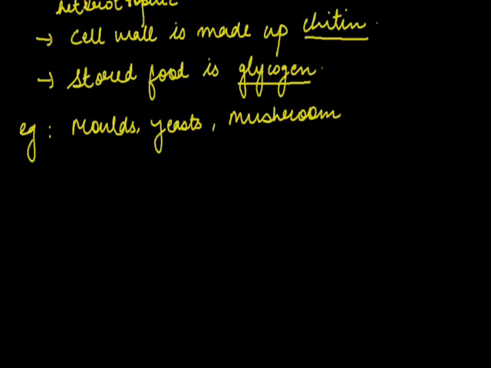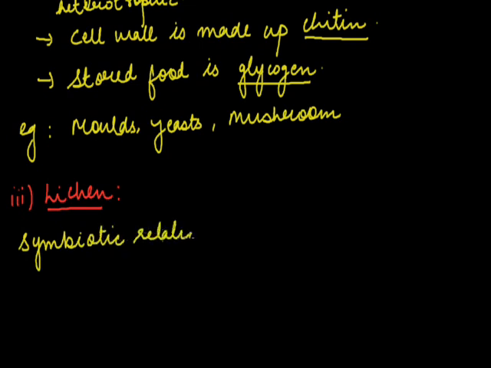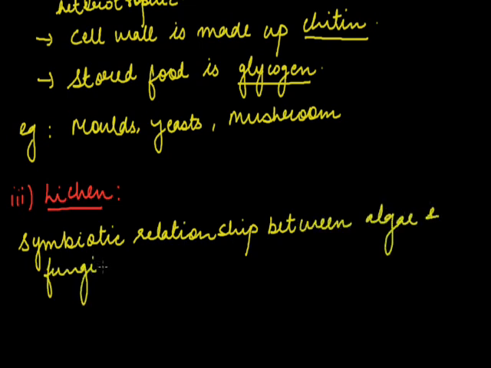The third one is lichen. It is a symbiotic relationship between algae and fungi. Symbiotic relationship means both algae and fungi are benefited.